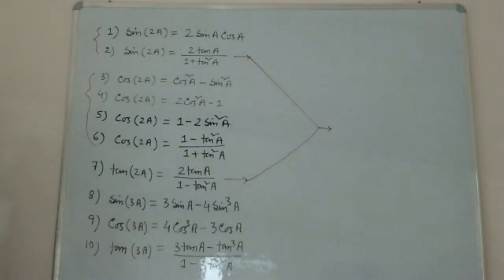They are very similar, only the difference of minus and plus. So remember it very carefully. For sine it is plus, for tan it is minus. When it is sin 2A, all will be plus. When it is tan 2A, only the denominator will be minus. So remember these two formulas carefully, otherwise there is a very good chance to mix them up.